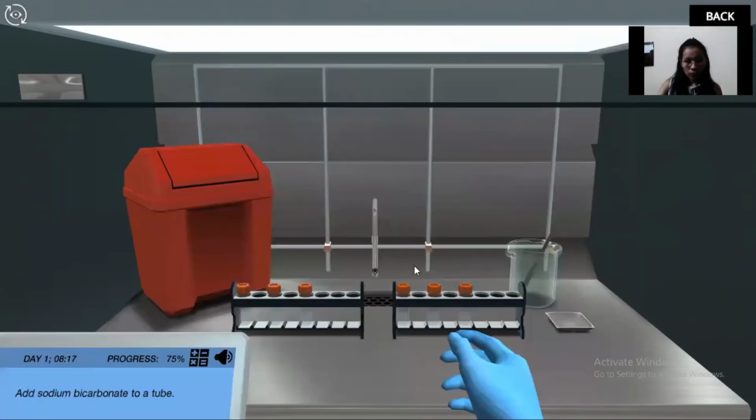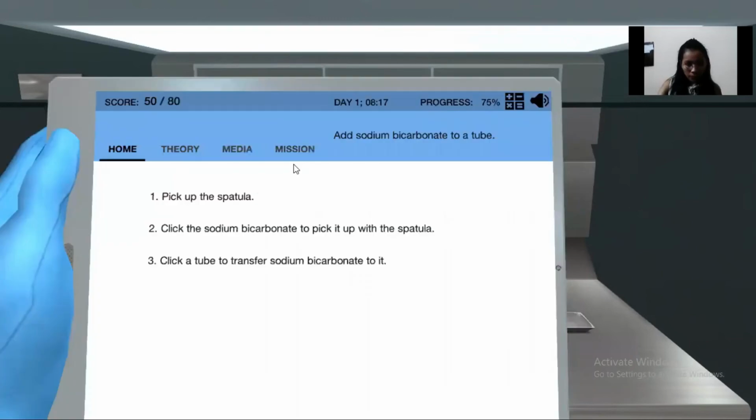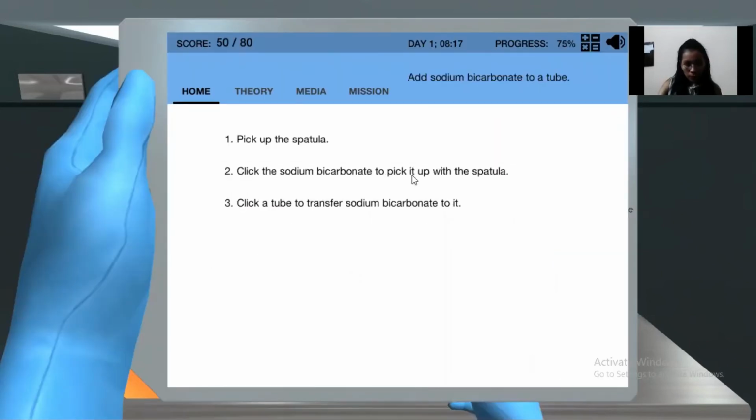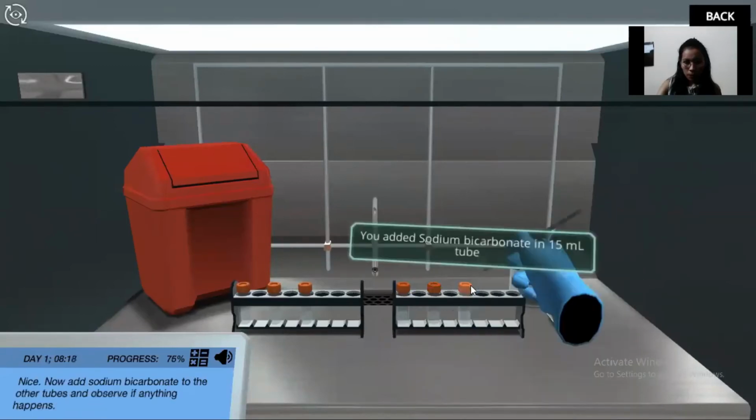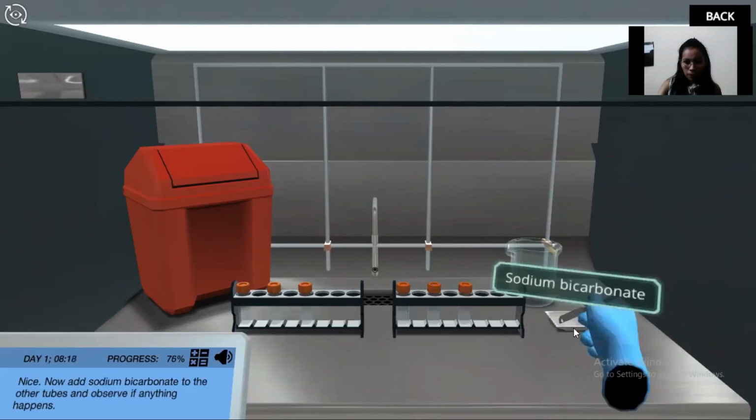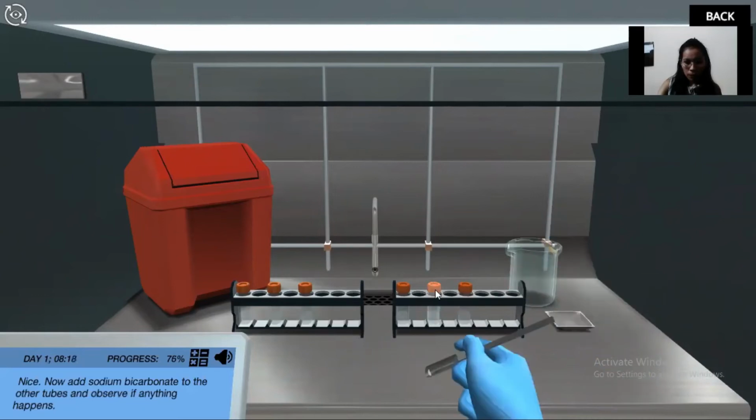Add sodium bicarbonate to a tube. Nice. Now add sodium bicarbonate to the other tubes and observe if anything happens.